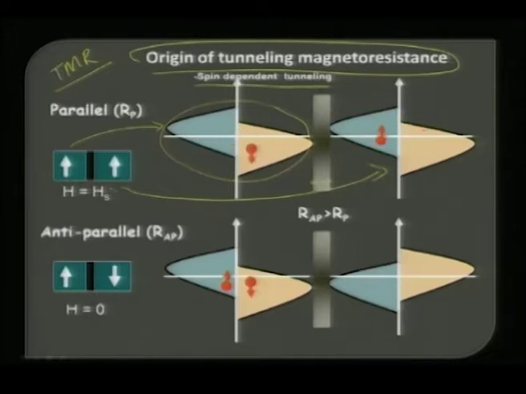And this is the situation when you apply a magnetic field. Suppose you do not apply a magnetic field, H is equal to 0, then you would see that this upspin electron is going reluctantly to this spin subband, because they are antiferromagnetically coupled.